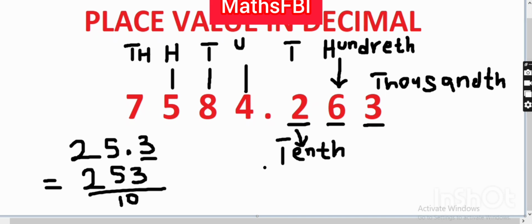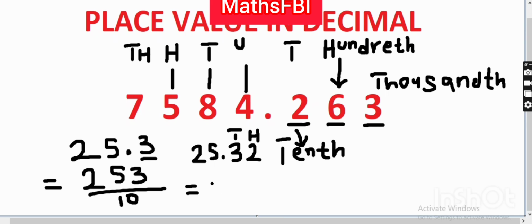If I have, on the other hand, 25.32, after the decimal point, how many digits do you have? You have 2. So what's the place value of these numbers after the decimal point? We've got tenths and hundredths.